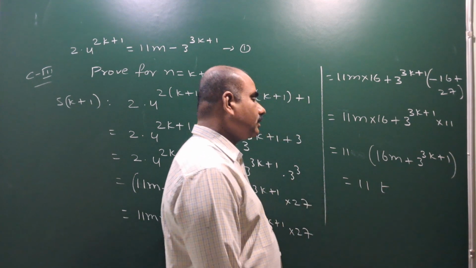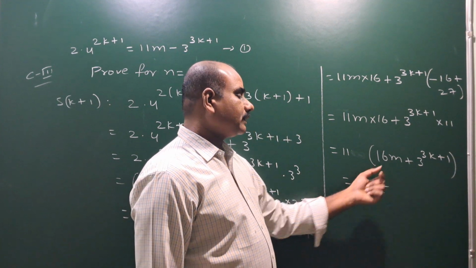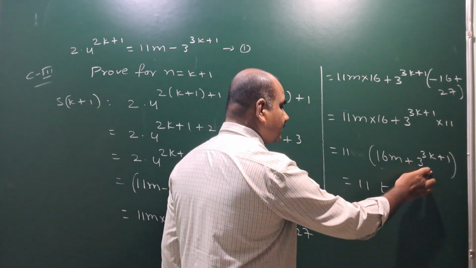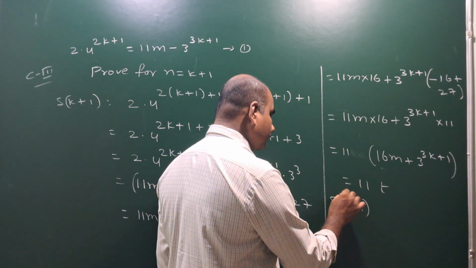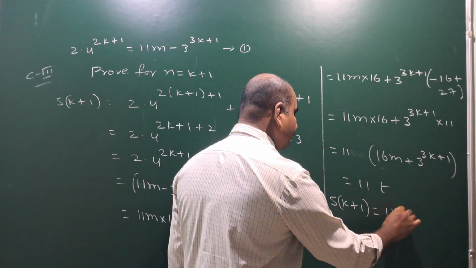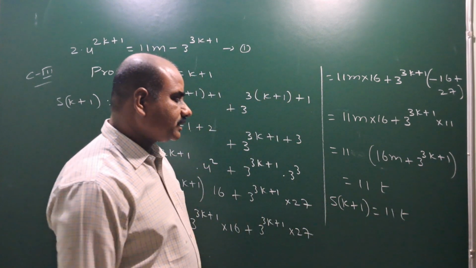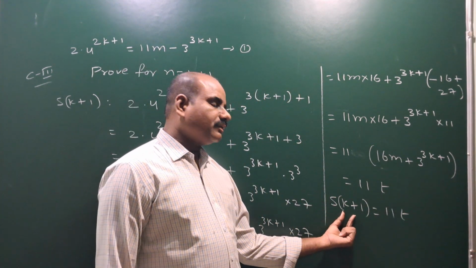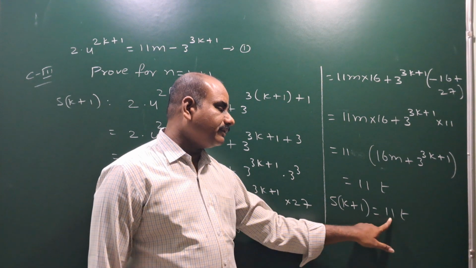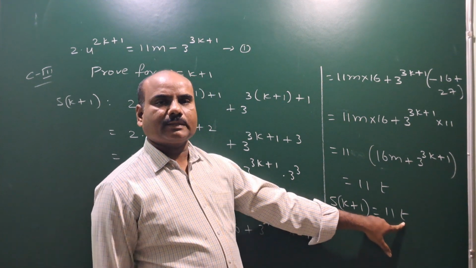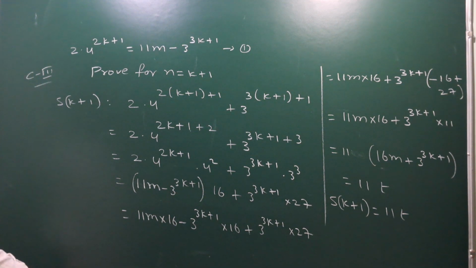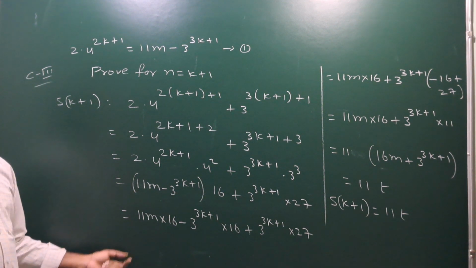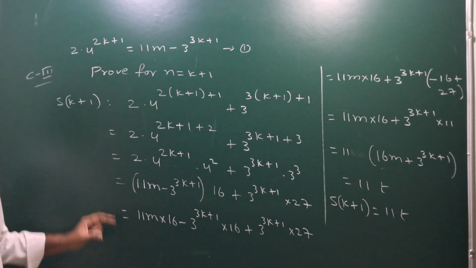Let us suppose this is t. So S(k+1) = 11 × t. That means S(k+1) is divisible by 11 for t times. So finally it is also true for n = k+1. Hence it is true for all values of n by the principle of mathematical induction. Okay, so that is the proof.